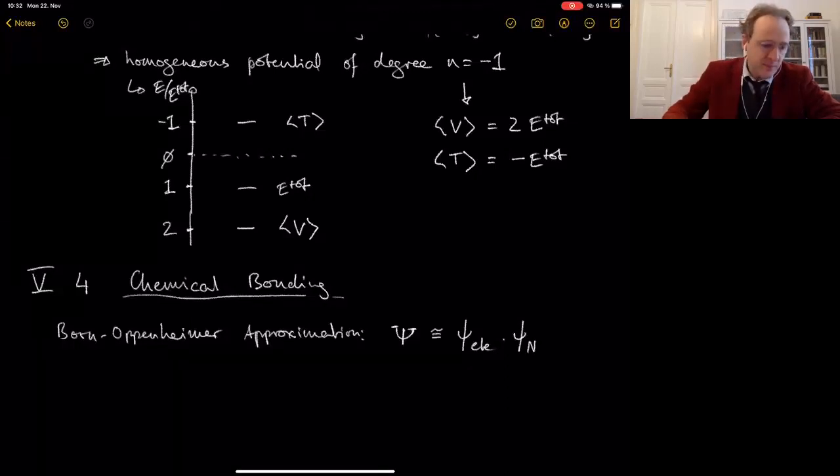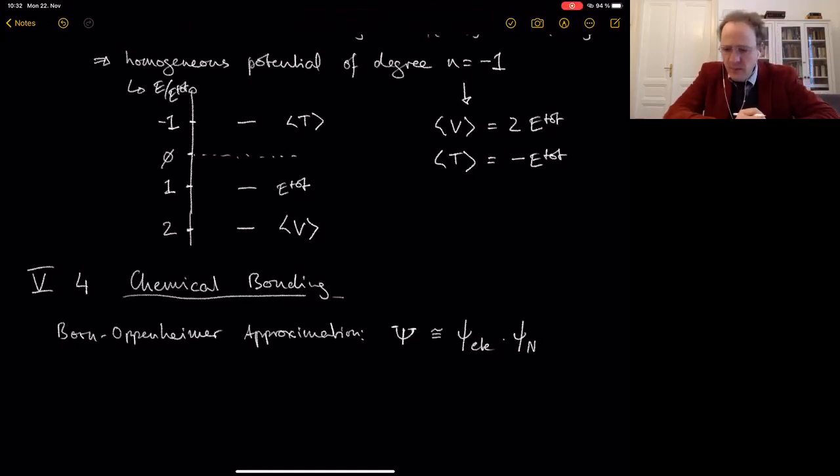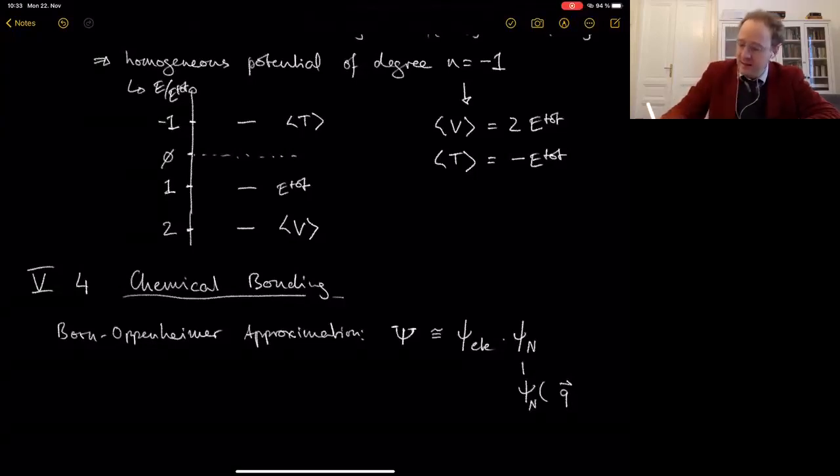Okay. Now we're gonna use again our variables Q for location, and that means that we have here for psi really a function of the positions, the positional vectors of some nuclei. And we'd like to denote this with the Greek letter alpha.